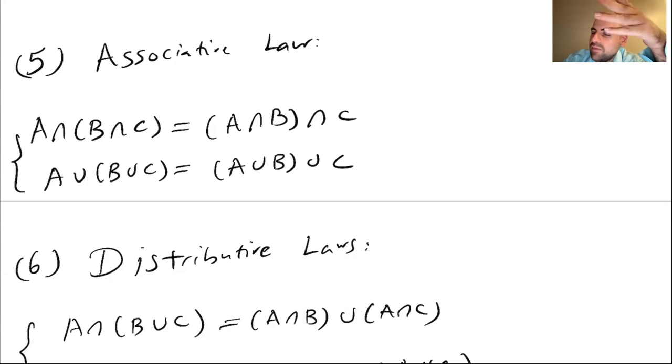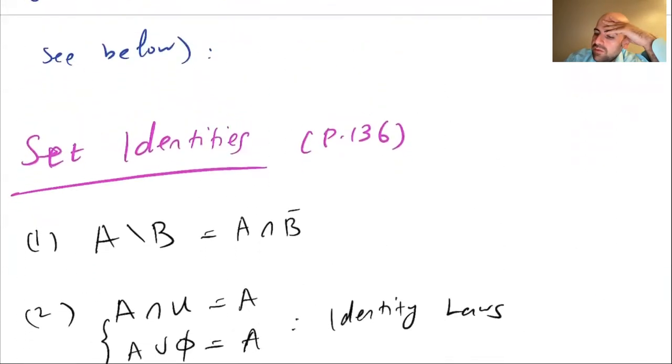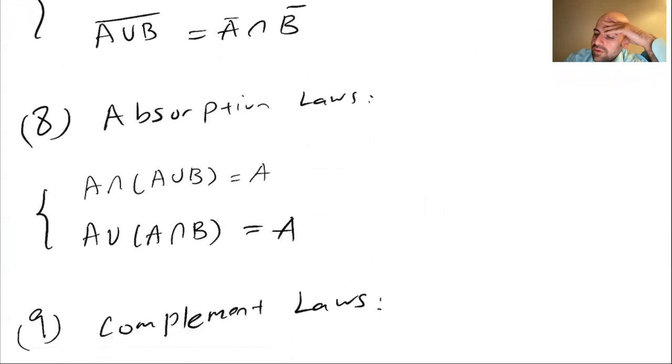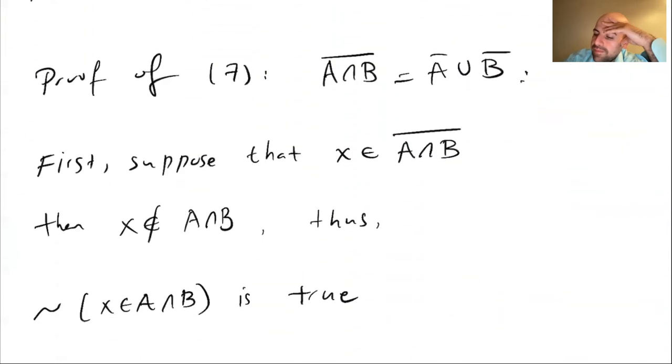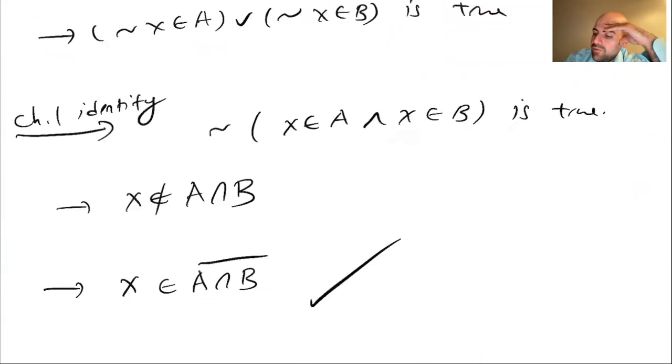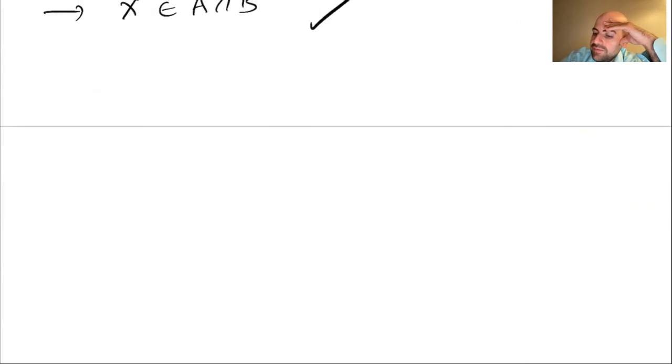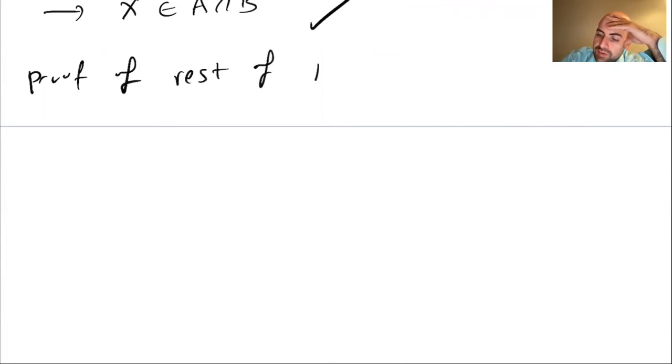Also, if X belongs to the right-hand side, it has to belong to the left-hand side. That's all you need to do for every one of these properties. Okay, so proof of the rest of the properties is an exercise.